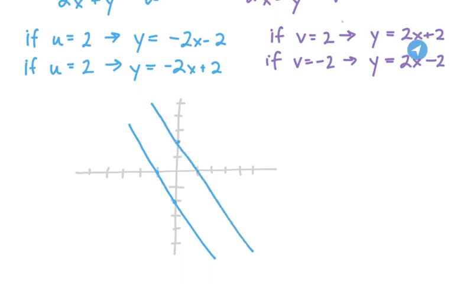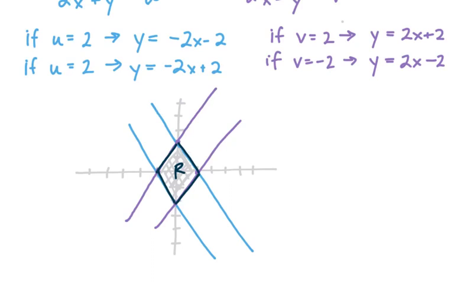Over here, y equals positive 2x plus 2, so we've got a slope of positive 2 passing through the y-intercept of positive 2. And then y equals 2x minus 2. And what you can see is all 4 of these lines bound kind of a diamond region here. This is what we call our R. So our transformation created this new region R in the xy plane.